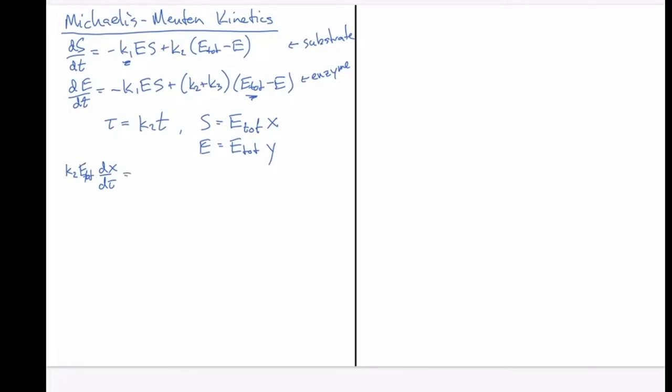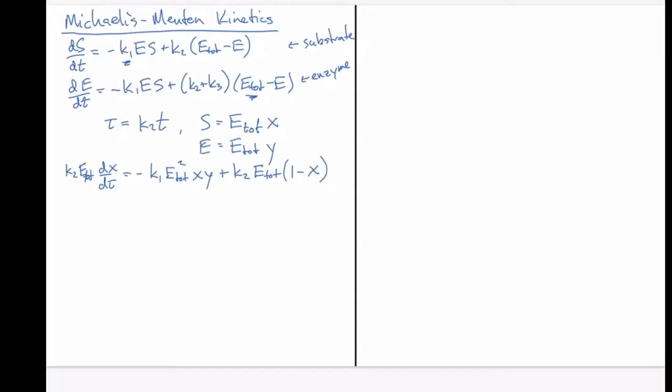And then that is equal to minus K1, and now I'm going to get an E tot squared, one from the S and one from the E, times XY, plus K2, and I'm going to factor out an E tot from the brackets, and that becomes a 1 because that was E tot before, minus, and E became E tot times X, so this is going to just be X left in the brackets.